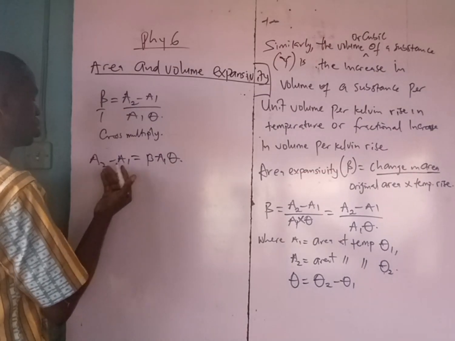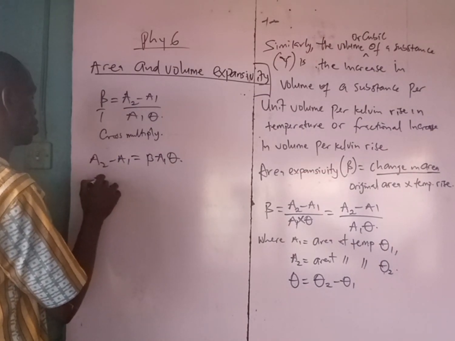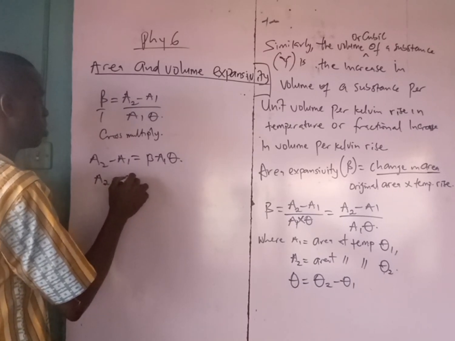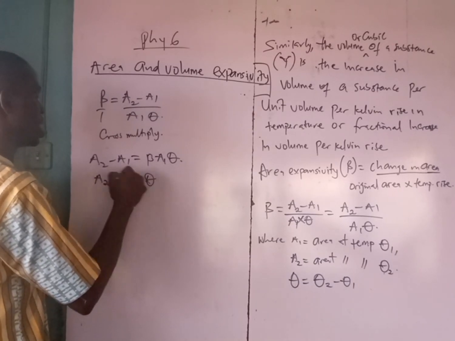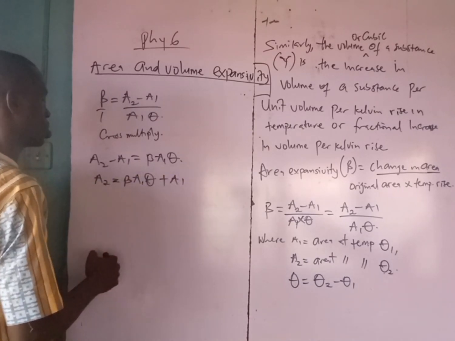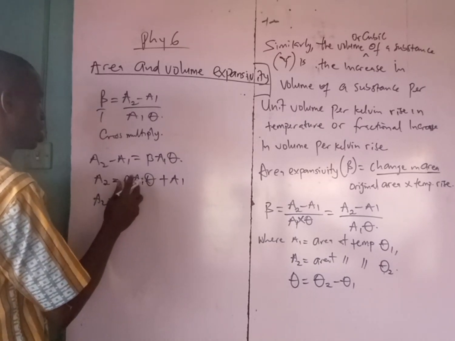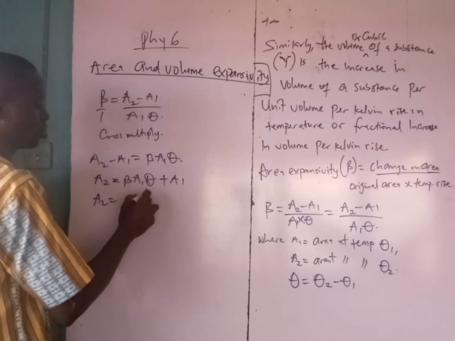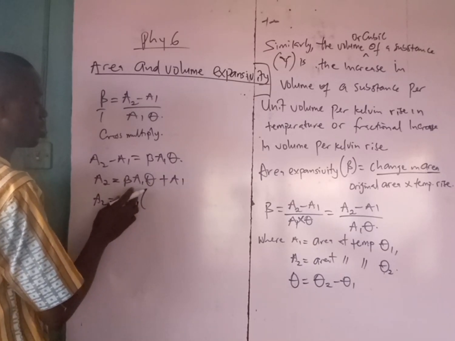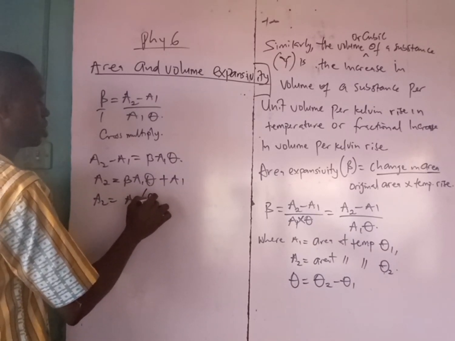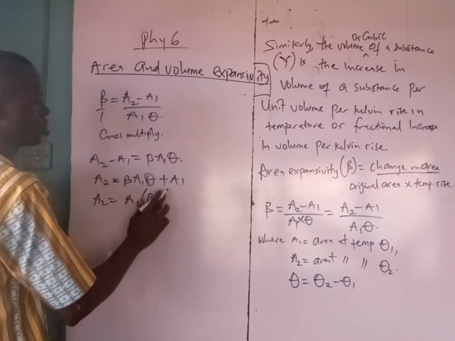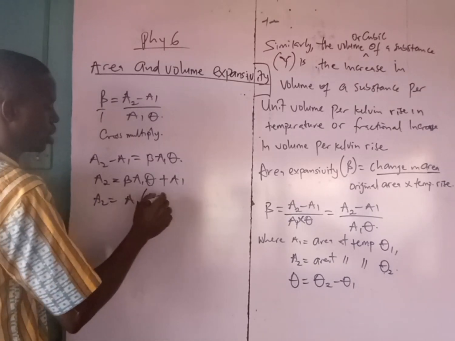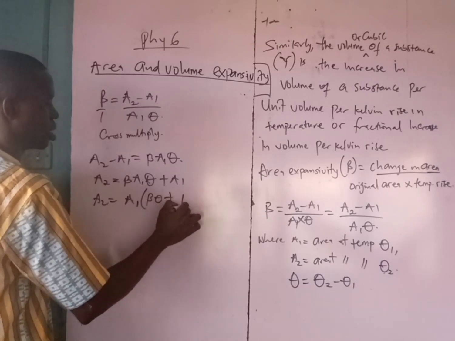Then make A2 the subject of the formula. A2 will be beta A1 theta plus A1. A1 is common, so we factorize: A2 equals A1 times beta theta plus 1, since A1 divided by A1 is 1.